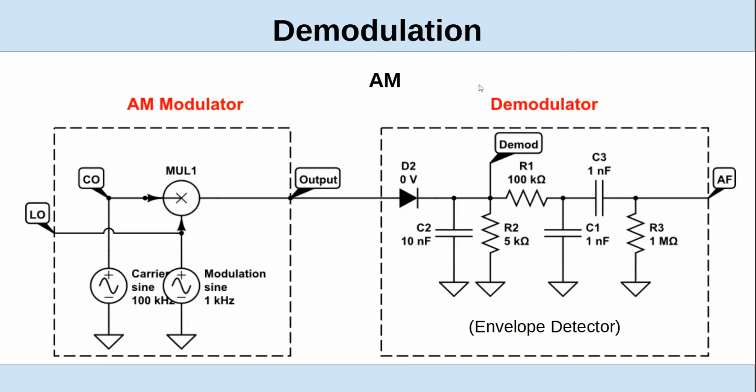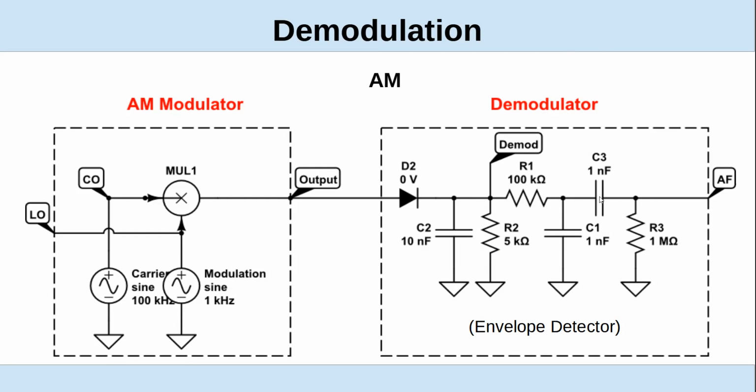Okay. Here I tried to set up showing modulation and demodulation. So I did a simple AM modulator because they're easy. And for a demodulator, this is what's called an envelope detector, and it's just a diode going into a low-pass filter.